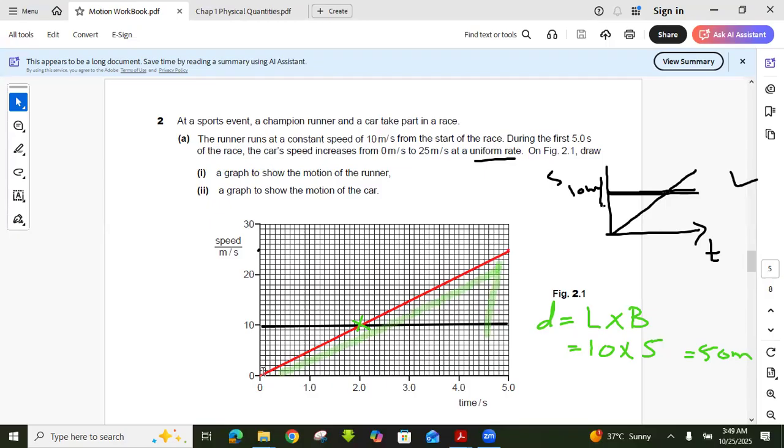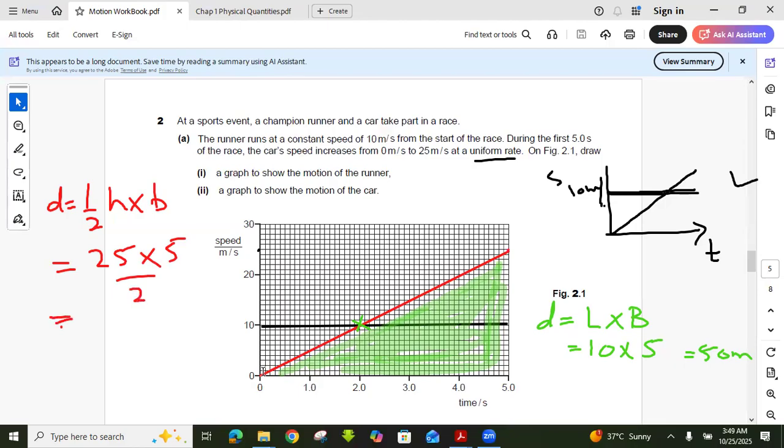Area equals half times base times height, the formula of a triangle. The height is 25 and the base is 5.